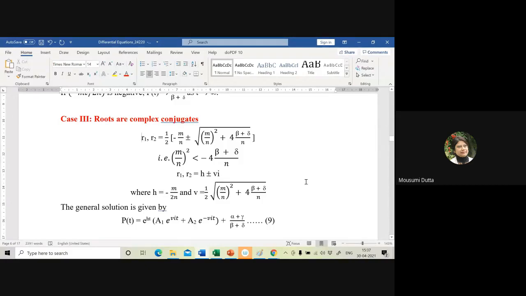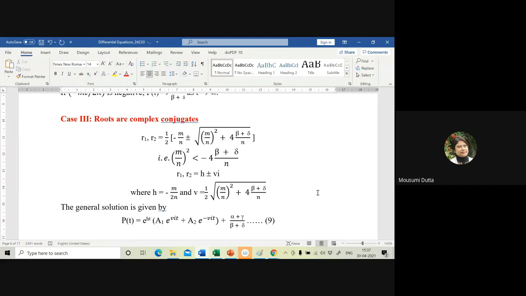So I'm considering this first part, minus m by 2n, as h, and this part divided by 2 as v. So can we write R1 and R2 in the form h plus minus vi?